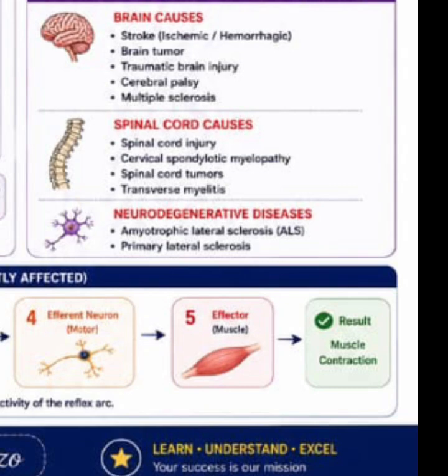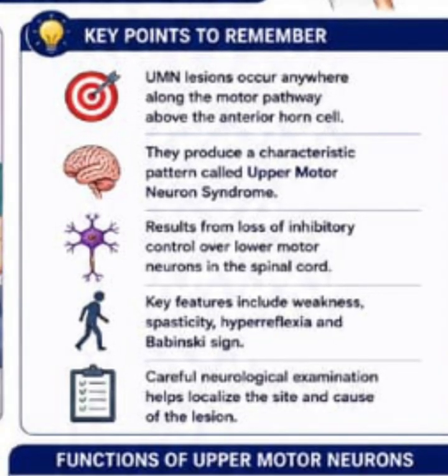So the key point you have to note is that the upper motor neuron lesion occurs along the motor pathway. It could be the interaction with the basal ganglia, with the cerebellum, or with the spinal cord. Any part of the motor pathway, if there's damage there, causes upper motor neuron lesion and symptoms. It gives almost the same characteristics as an upper motor neuron syndrome.